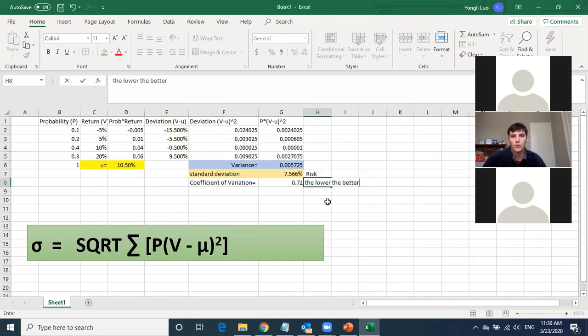How do we get the coefficient of variation again? It's the standard deviation divided by the mean. You say that's G7 divided by D6. This is the formula you can see here: the standard deviation divided by the mean.